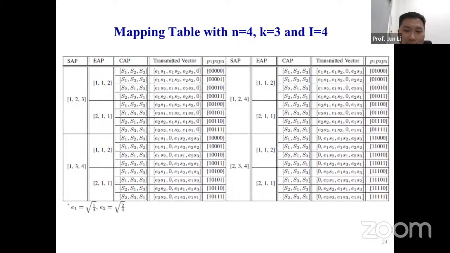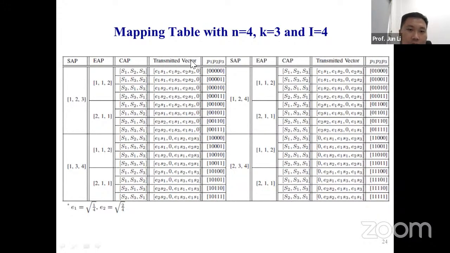Okay, let's see the mapping table of the composite IM. There are 4 parts, right? The subcarrier activation pattern, this is P1 base; the energy allocation pattern, this is P2 base; the constellation allocation or permutation pattern, this is P3 base; and the last one is the transmitted vector.